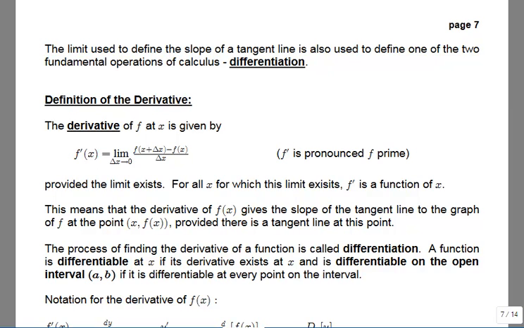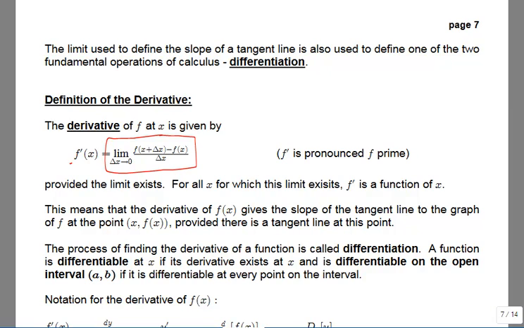So differentiation is based on something called the derivative, and it turns out that the definition of the derivative is exactly this limit definition of the slope of the tangent line that we just came up with. So this limit right here that we have already used several times is now going to be called the derivative of f at x.